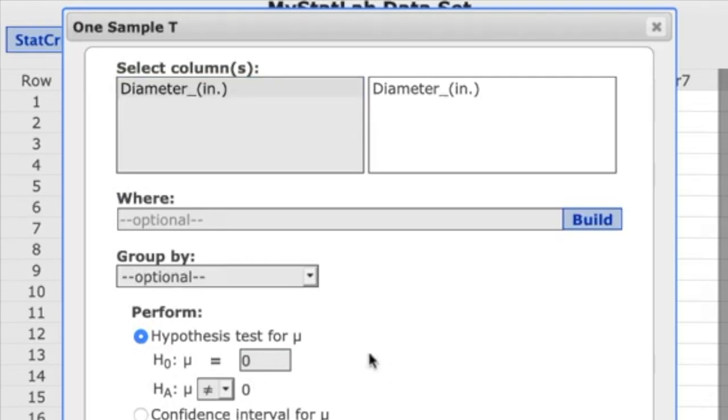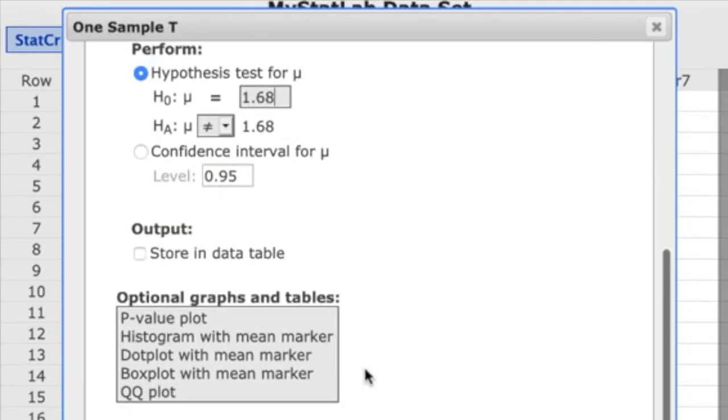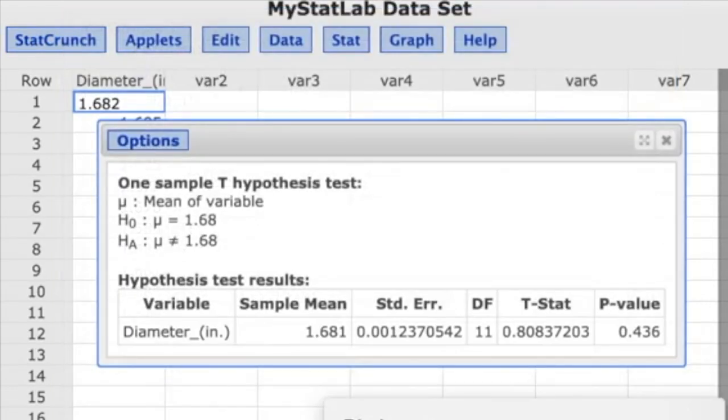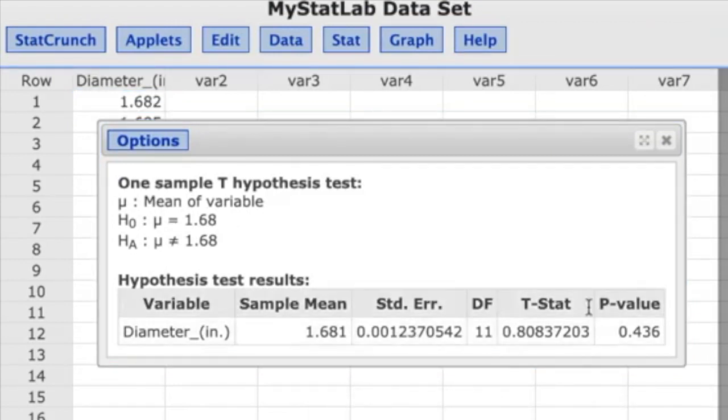So mu equals, again, this is the information we're going to plug in: 1.68. And mu is not equal to, so that automatically filled in. This is all we need. There's a whole bunch of other stuff that we don't need, so let's just go ahead and click compute. And so here we are.